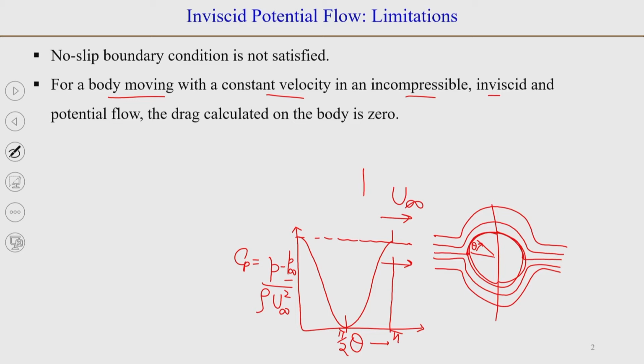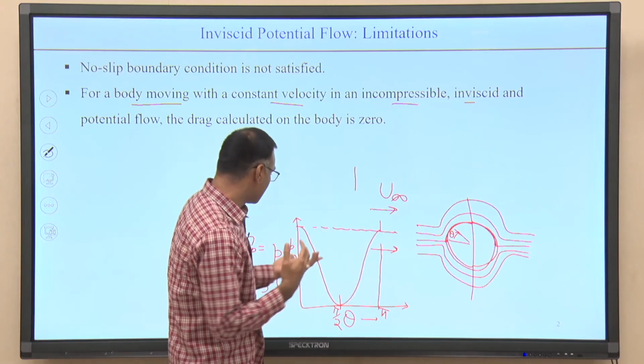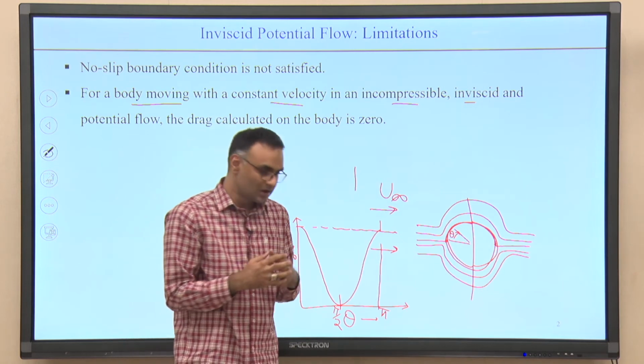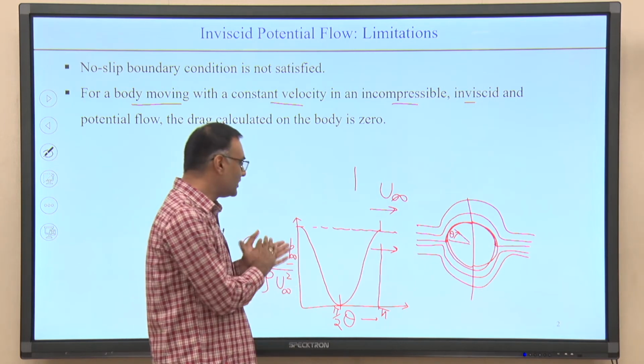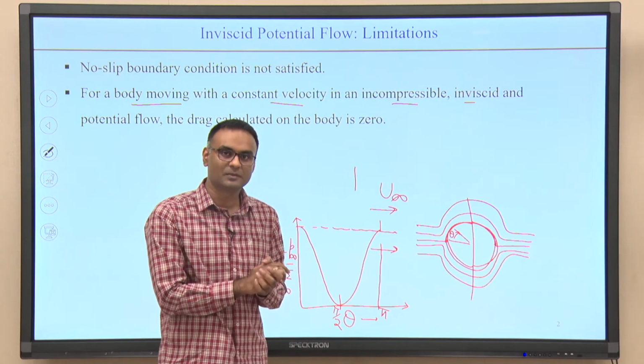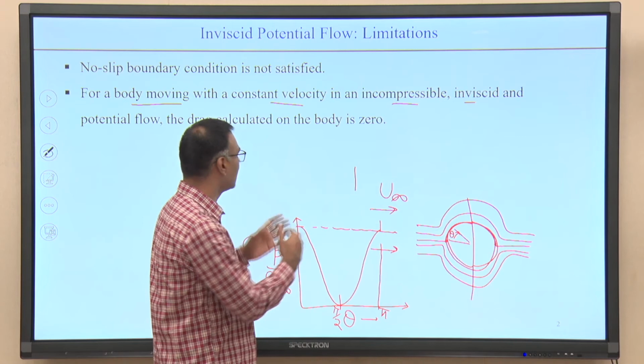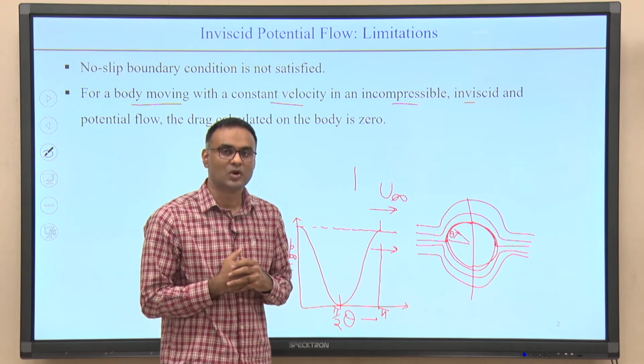So, when the pressure on the left and right side or the upstream and downstream side of the sphere is same, the pressure difference or the drag because of pressure will be 0. And this is not only true for a circular cylinder, but for any non-symmetric body also, it can be shown that the drag on the body is 0.